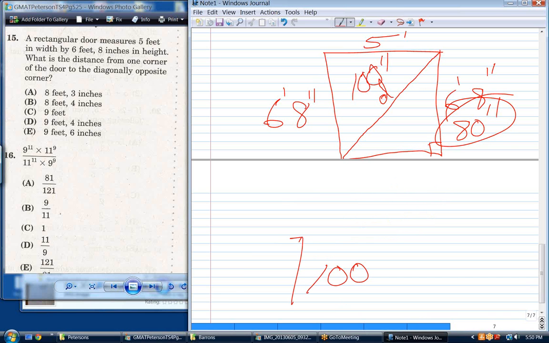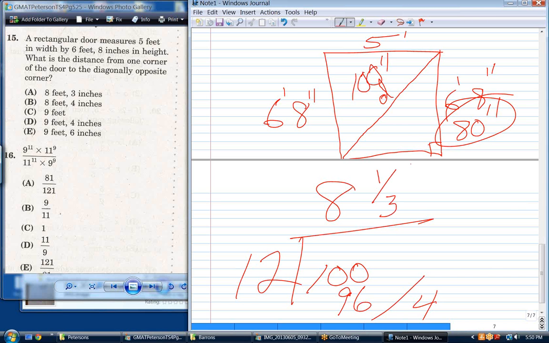That's 8 with 4 left over, 4/12 left over. So we're talking about 8 1/3 feet.